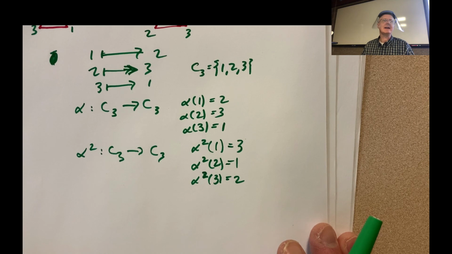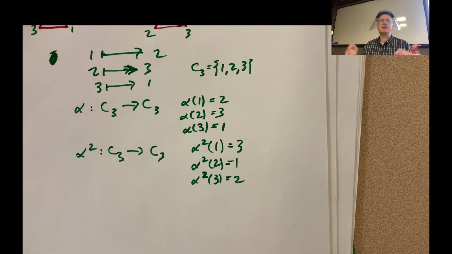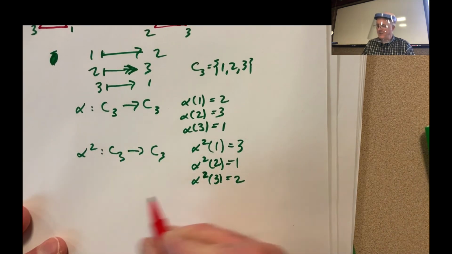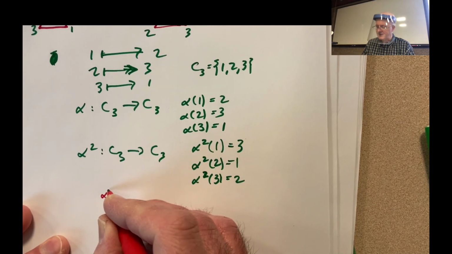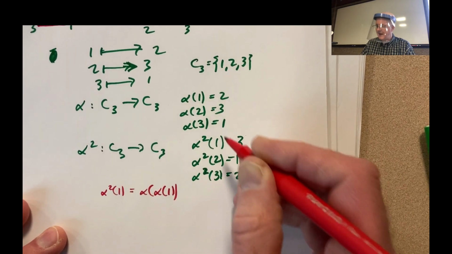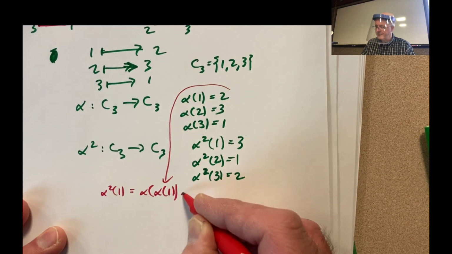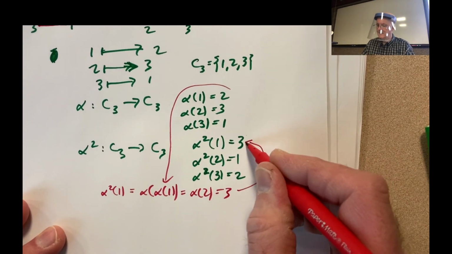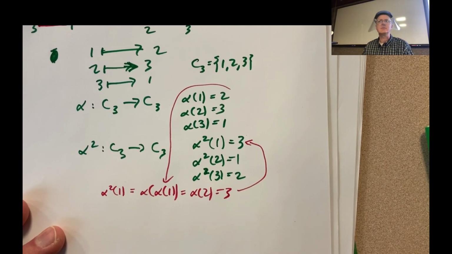And it's squaring, not in the usual sense of squaring, because I'm not literally multiplying in the usual sense, but I'm multiplying in an abstracted sense, in a group theory sense. It is a group operation. And you could confirm, if you think of it as a function composition, alpha squared of 1 is alpha of alpha of 1. Alpha of 1 we know to be 2. This is alpha of 2, which is 3, which confirms that. And you can do it with the other ones too.